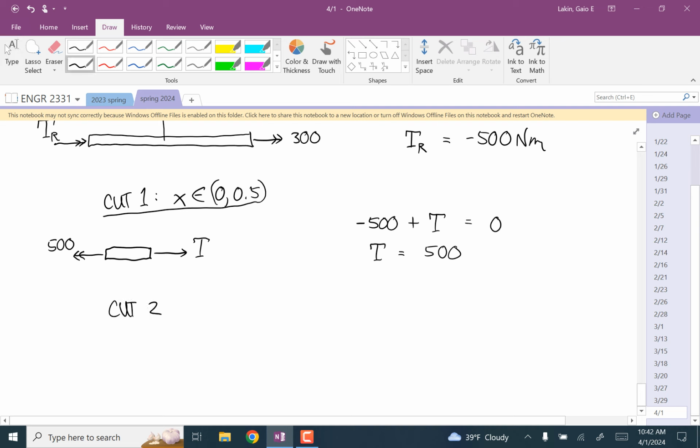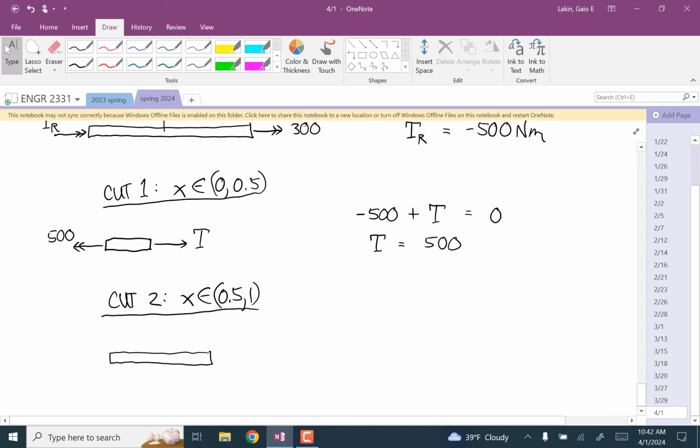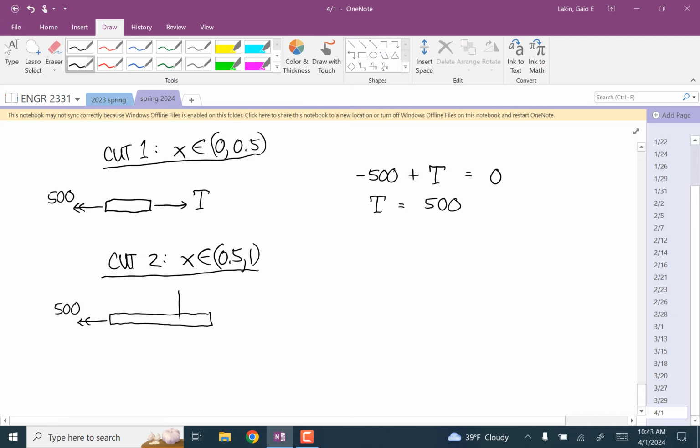And then for cut 2, for x values between 0.5 and 1, now you have the 500 this way, the 200 this way, and so the moment equation about x says negative 500 plus 200 plus torque is equal to 0. And so that internal torque is 300.